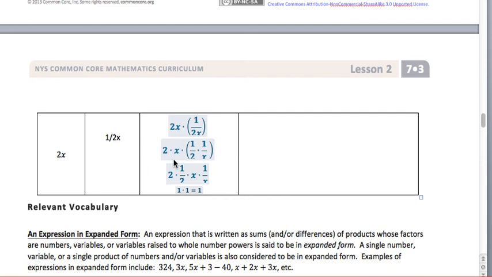We have 2 times x times 1/2 times 1 over x. And then, because it's all multiplication, any order, any grouping, we can group 2 times 1/2 and x times 1 over x, and that'll give us 1 times 1 equals 1.